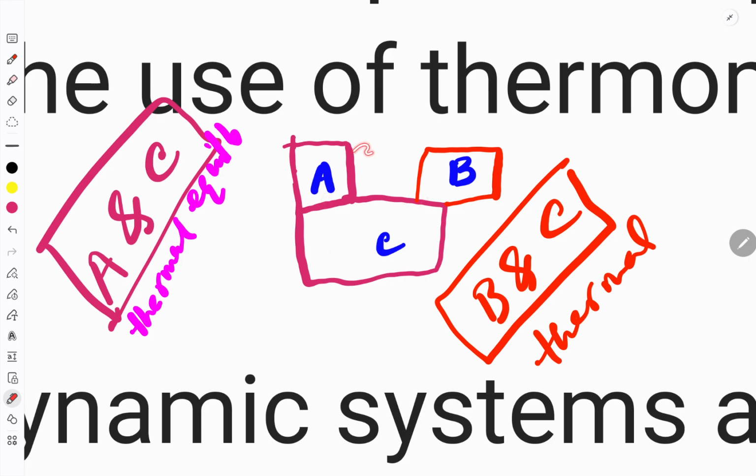I have a system A which is connected to system C by thermal equilibrium. I have a system B and it is connected to the same system C and they are in thermal equilibrium. Then according to the zeroth law of thermodynamics, I can say that system A and B, even if they are not touching each other, are in thermal equilibrium.